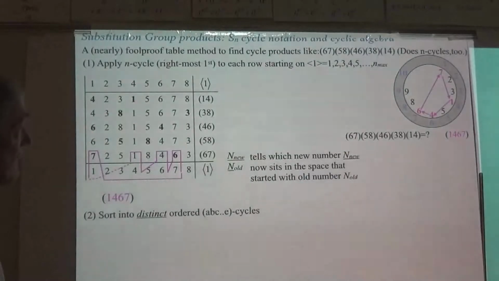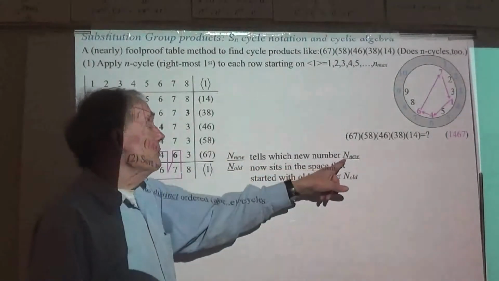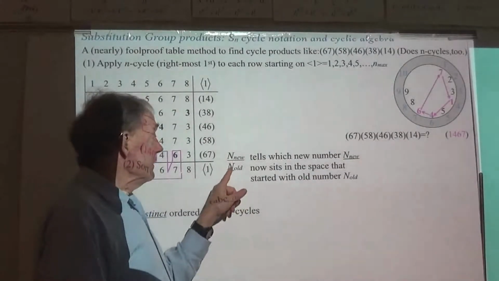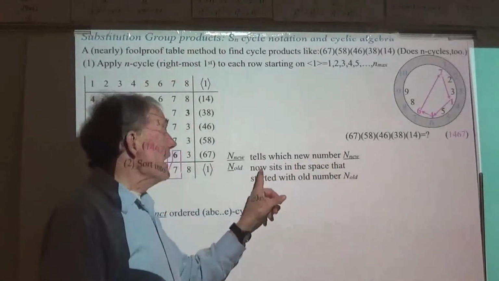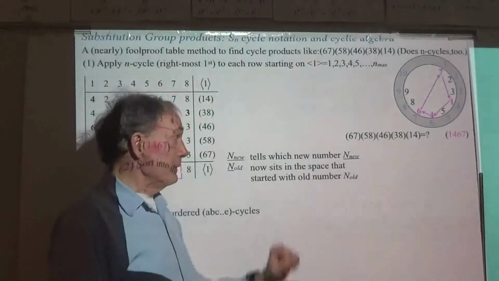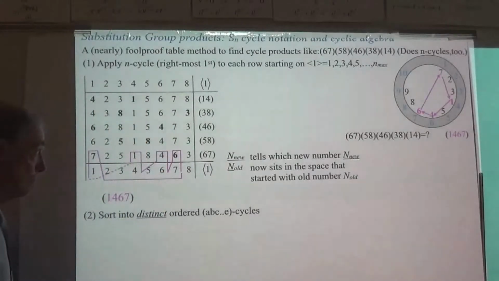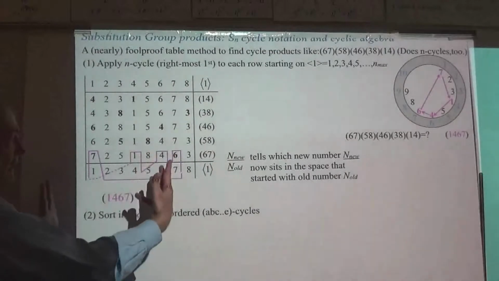Okay? But this little pair of numbers here tells which new number, and it's sitting over an old number. So it tells which new number now sits in the space that started with the old number. And that's important. Thinking about that is solid.